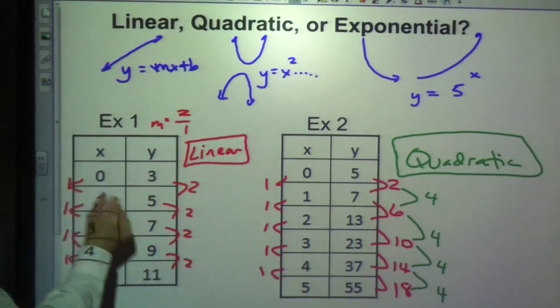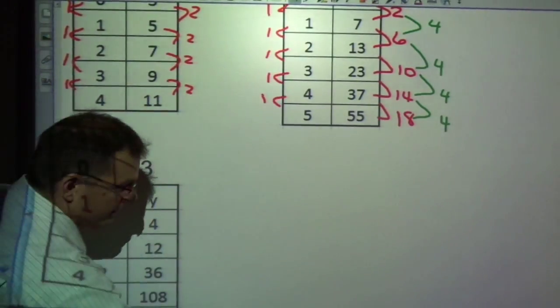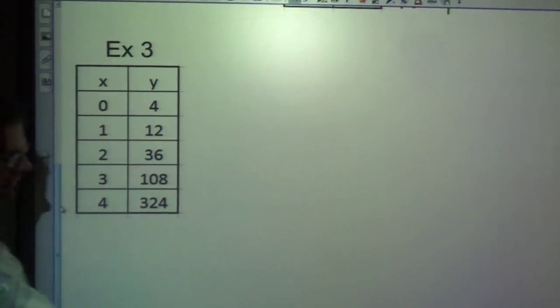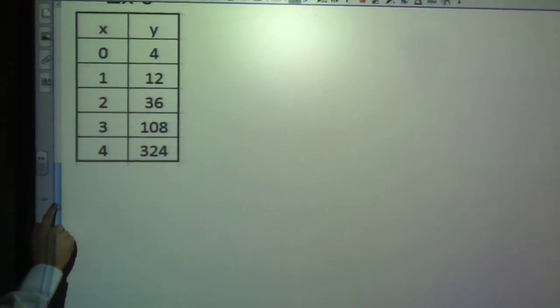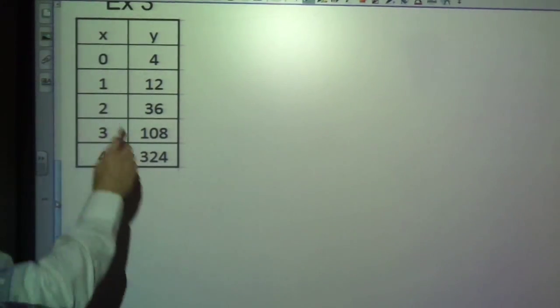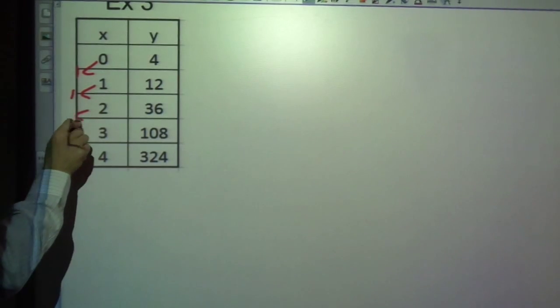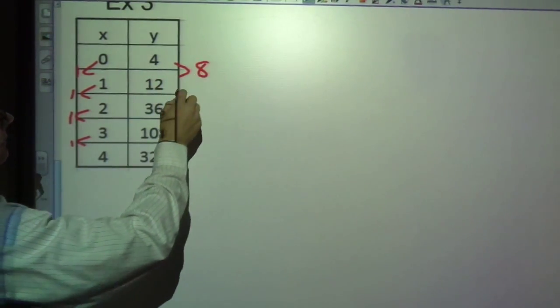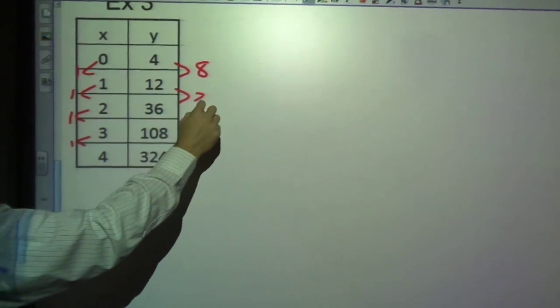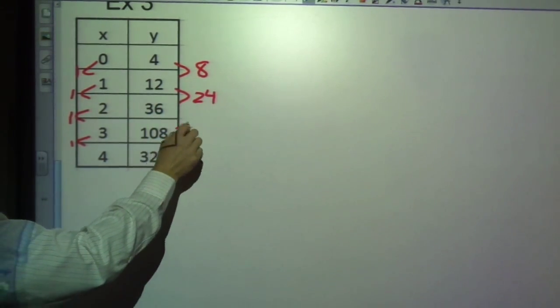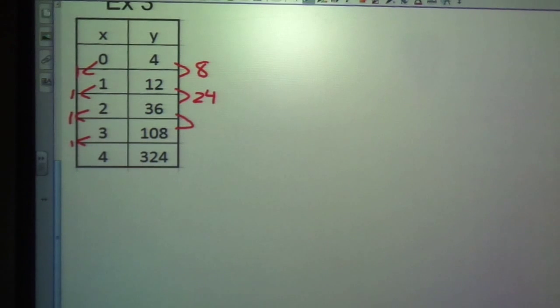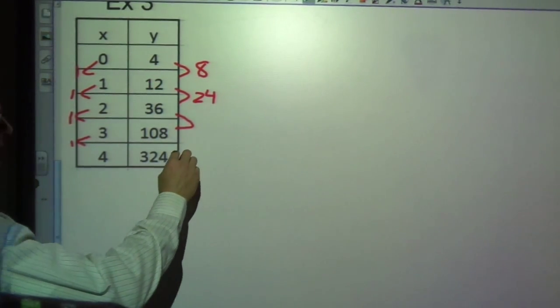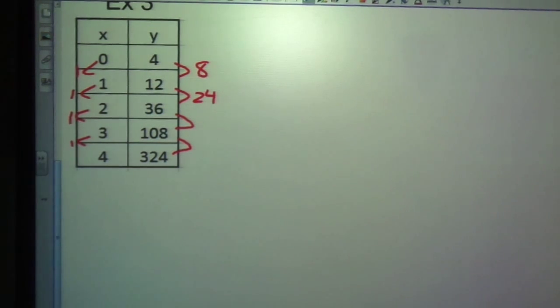Okay, next example. Do the same thing: 1, 1, 1, 1. Here we have 8, and then 24, and then, oh goodness, I need a calculator. 108 minus 36, can someone help me? 108 minus 36, and then 324 minus 108.